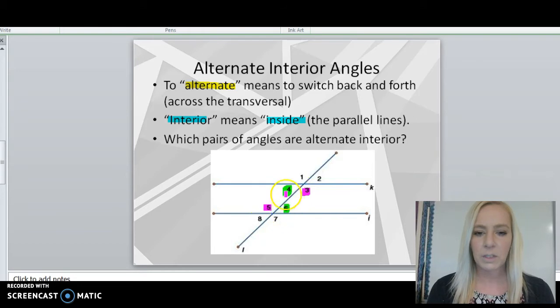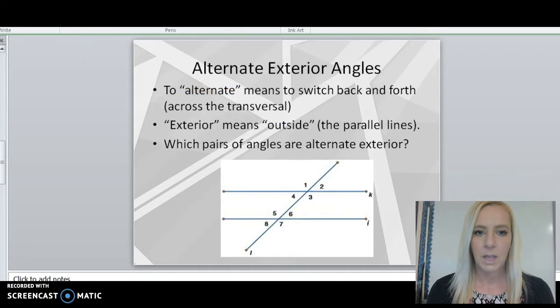One thing that's really important to know about alternate interior angles is that they also have the same measure. So angle 4 and 6 have the same measure. Angle 3 and 5 also have the same measure. Then we have alternate exterior angles. Again, alternate means to switch back and forth across a transversal, and exterior means outside of the parallel lines.